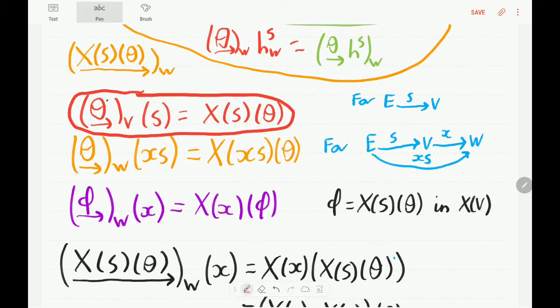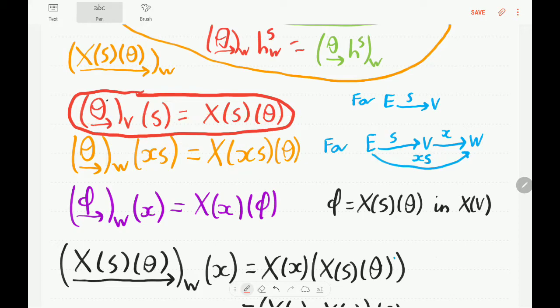It's just that we're using different symbols and the variables are a little bit different. But basically the result of doing the W component of phi under arrow on X is going to be capital X of little x of phi, in a similar way to what I've circled in red up here.